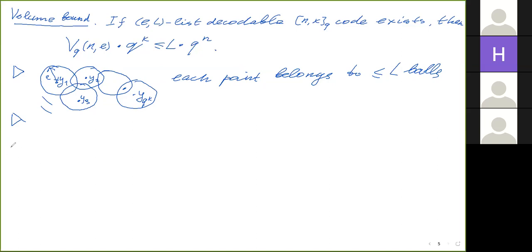And the next bound is the reverse statement, which can be considered as an analog of the Gilbert bound. So let's be more precise: an analog of the volume bound, and now an analog of the Gilbert bound.